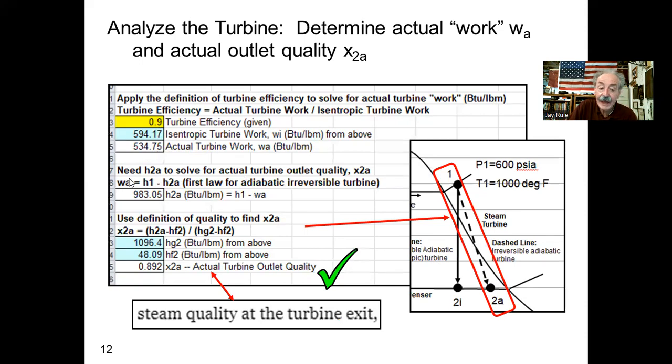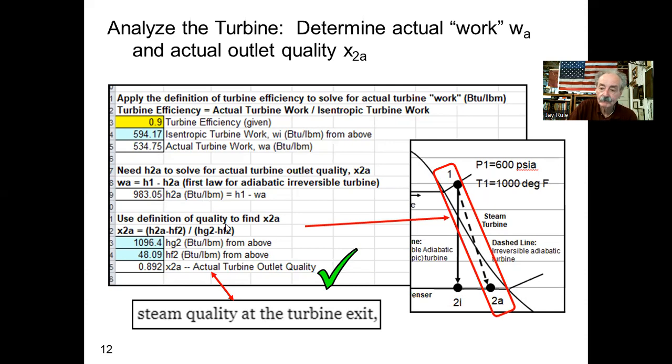The first law for the actual turbine is, Q at 0 minus W actual equals H2A minus H1. We do the algebra in our head to write down the first law for the adiabatic irreversible turbine. Here it is. W actual is H1 minus H2 actual. So we can solve for H2 actual, 983.05 BTUs per pound. Whew.